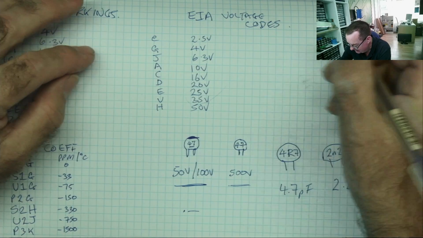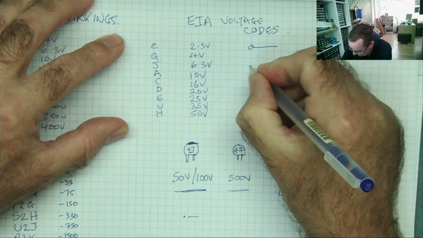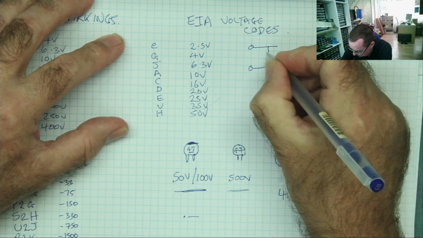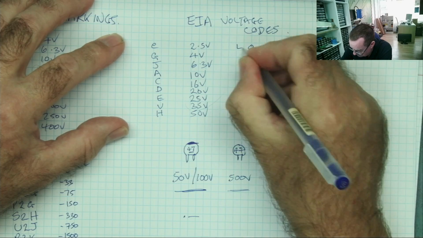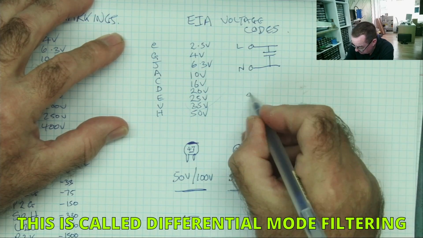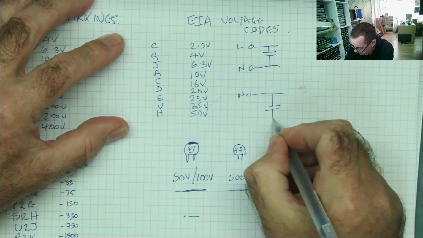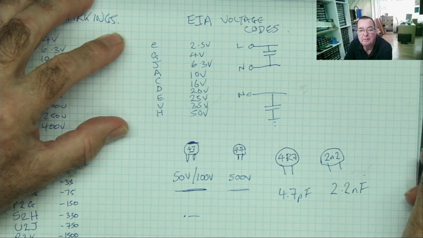The difference is that the X capacitor is designed to connect between live and neutral. Okay, and the Y capacitor connects from neutral to ground, earth.